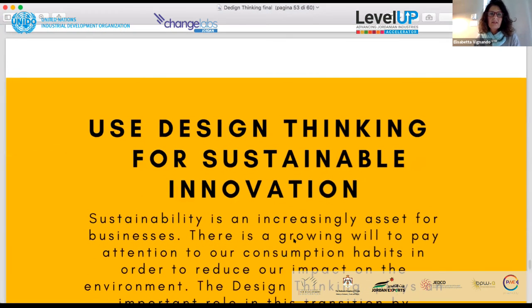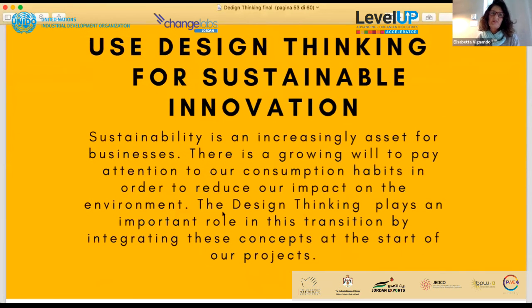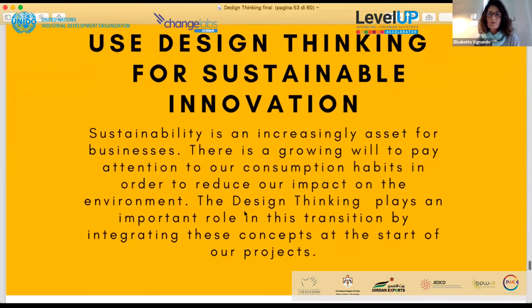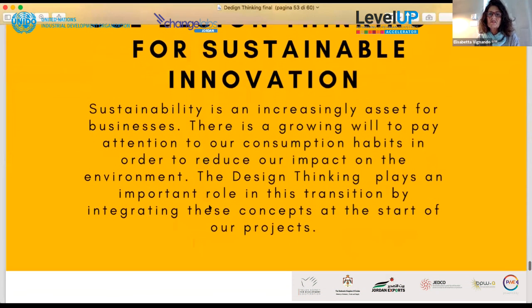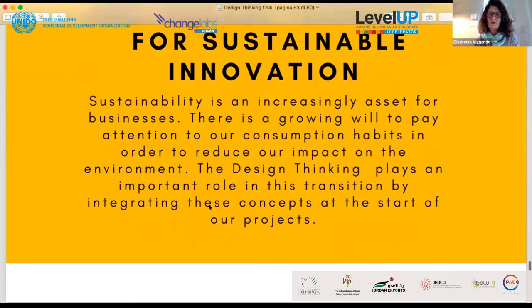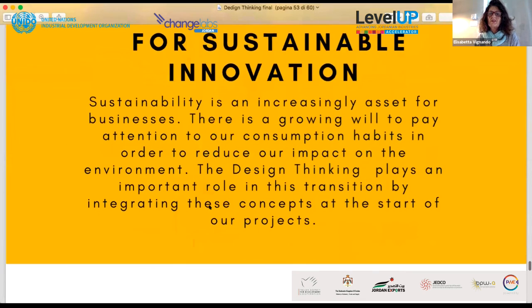Use design thinking for sustainable innovation. Sustainability is an increasing asset for businesses. There is a growing will to pay attention to our consumption habits in order to reduce our impact on the environment. So design thinking plays an important role in this transition, because it's able to integrate this concept at the start of the project.